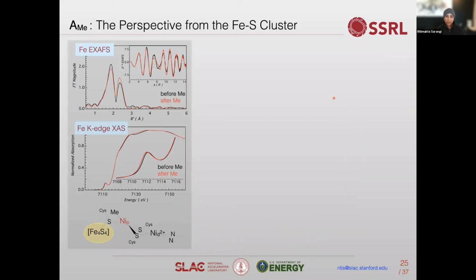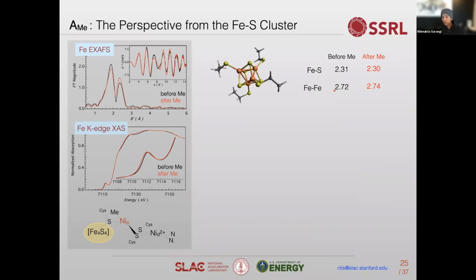Now, if we again look at the perspective from the iron sulfur cluster, there's some change in the iron sulfur cluster, both in the edge and a small one in the pre-edge, but it turns out that that is mostly structural, and a very small structural change at that. So before methylation, these are the bond distances that fit the 2 peaks, and after methylation, this is what it looks like.